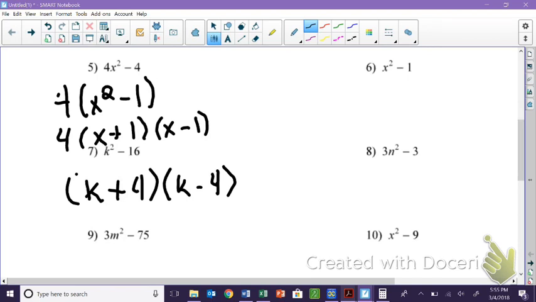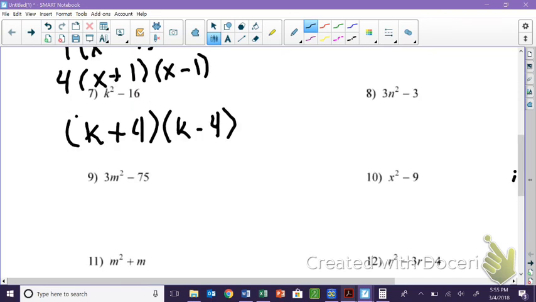Now, number 9. Number 9 has a 3m squared minus 75. Now, we obviously know, or I hope you know, that 3 is not a perfect square. So you need to go ahead and see if 3 and 75 can divide into each other. Well, 75 is divisible by 3.